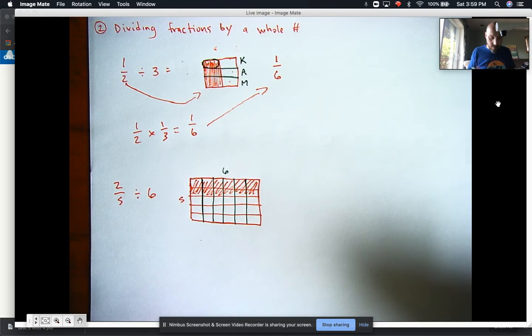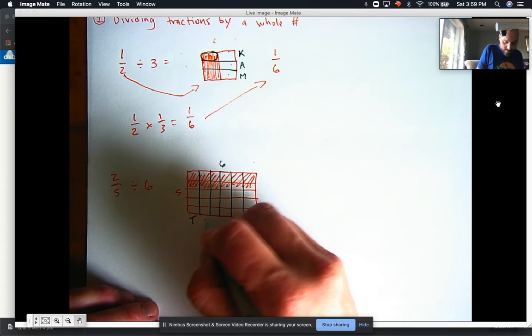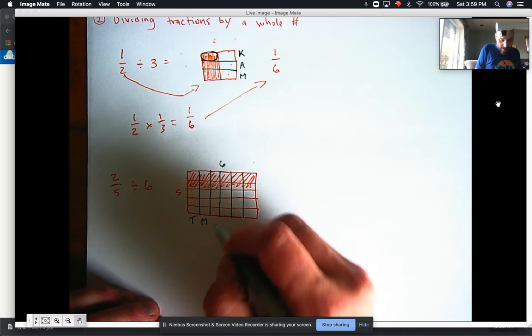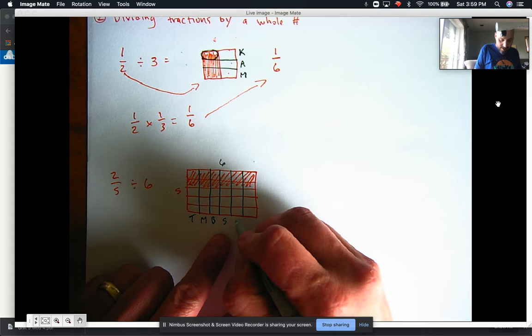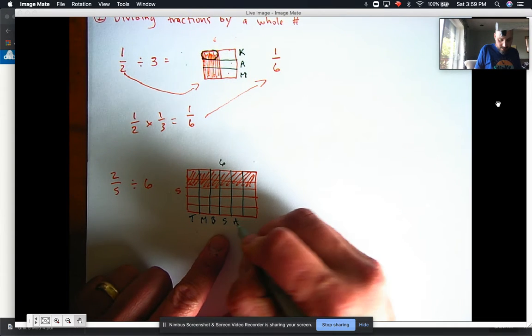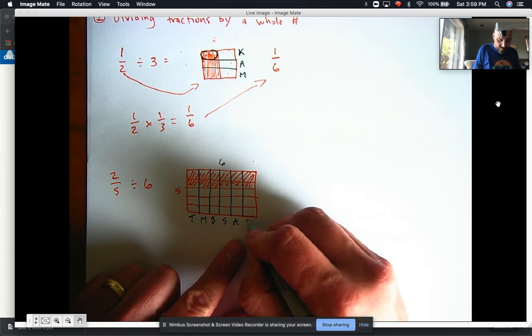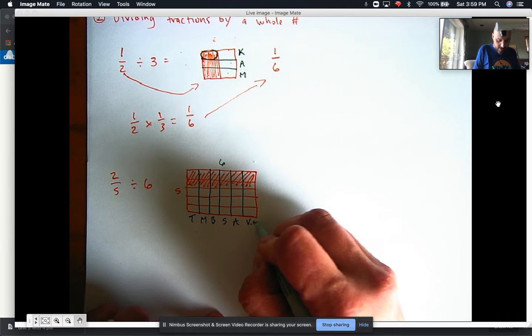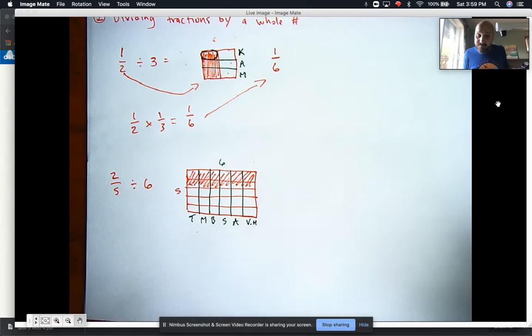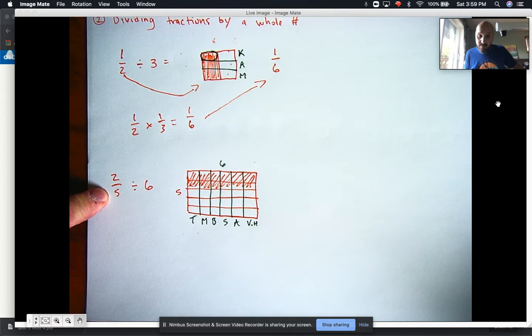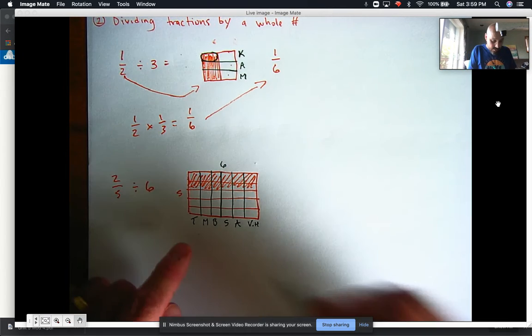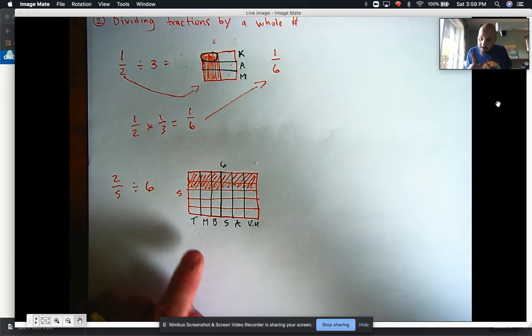Now, who are they? Let's go with Talon and Marcelo and Brielle and Sophie. And let's do Astrid. And who else? Let's do Vincent H. Okay, so the question is, I have 2/5 this time. That means Talon, and I'm just looking at one of the kids.